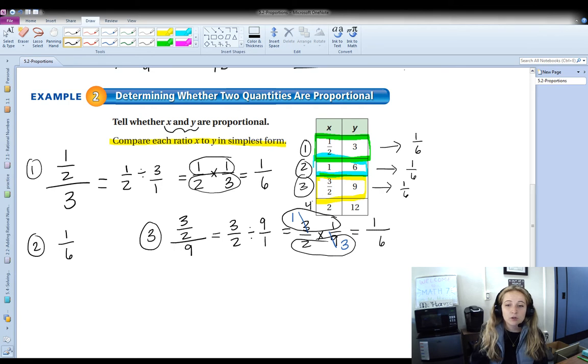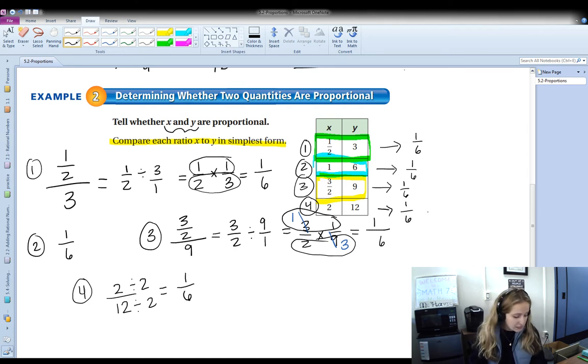Now let's do our fourth one right here. So our fourth one, we write our x value on top, our y value on bottom. Then we need to simplify. Well, what could we divide both the top and the bottom by? Hopefully you're thinking 2. So if we divide both by 2, that's going to give me 1/6, which, would you look at that? That is what we needed.